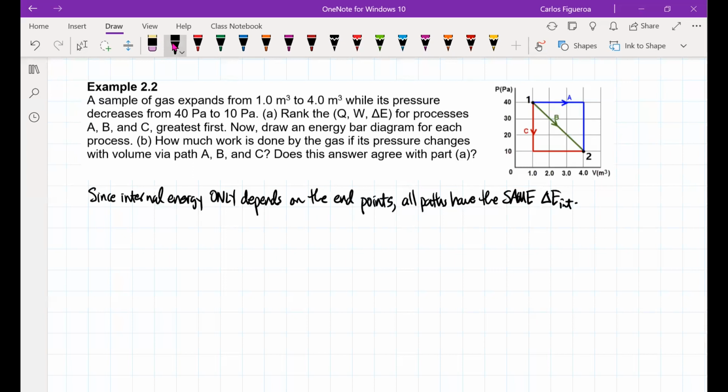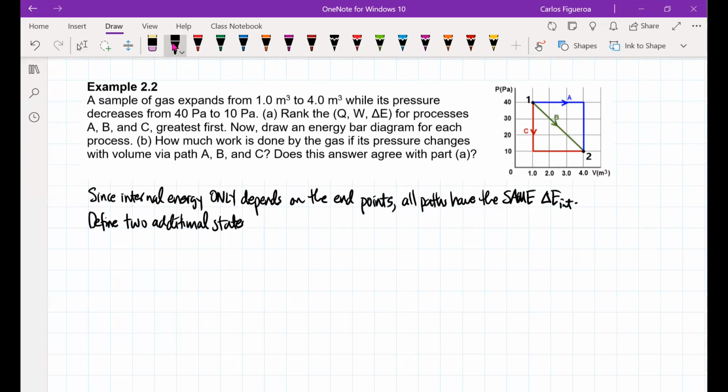Now, to make it a little bit easier, I'm going to define two additional states.